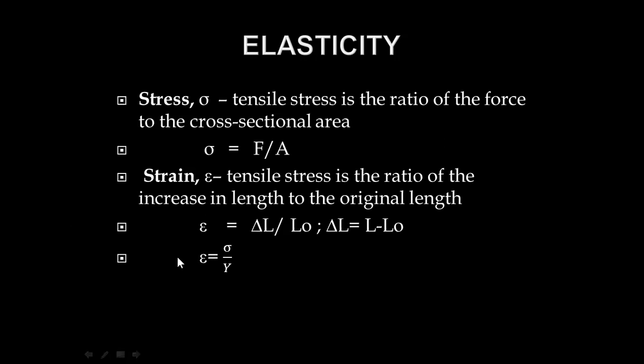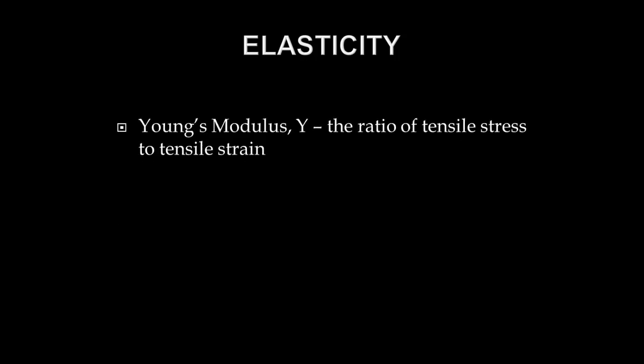Now your epsilon is equal to your sigma, or stress, over Young's modulus. Again, your elongation delta L is the change in length. Young's modulus is expressed as Y. It is the ratio of tensile stress to tensile strain.